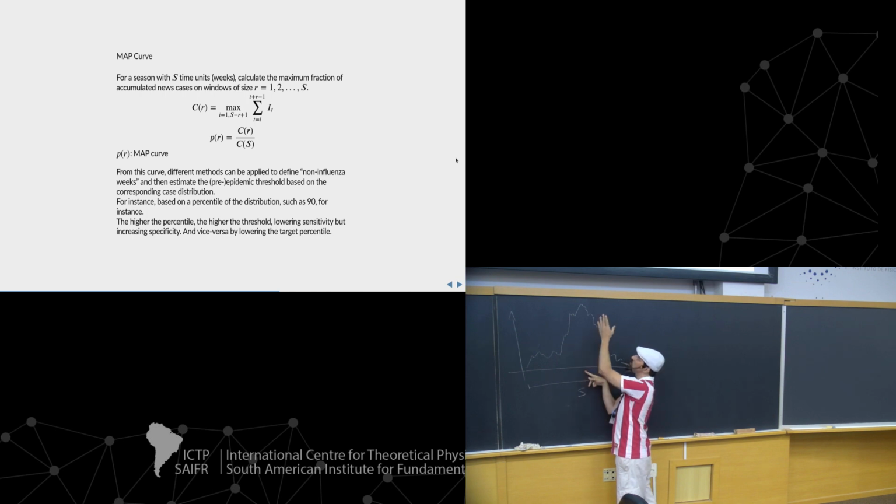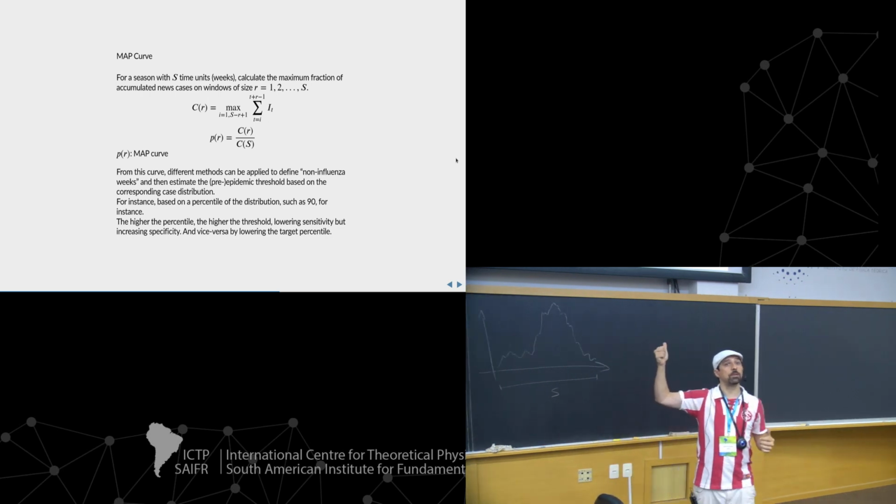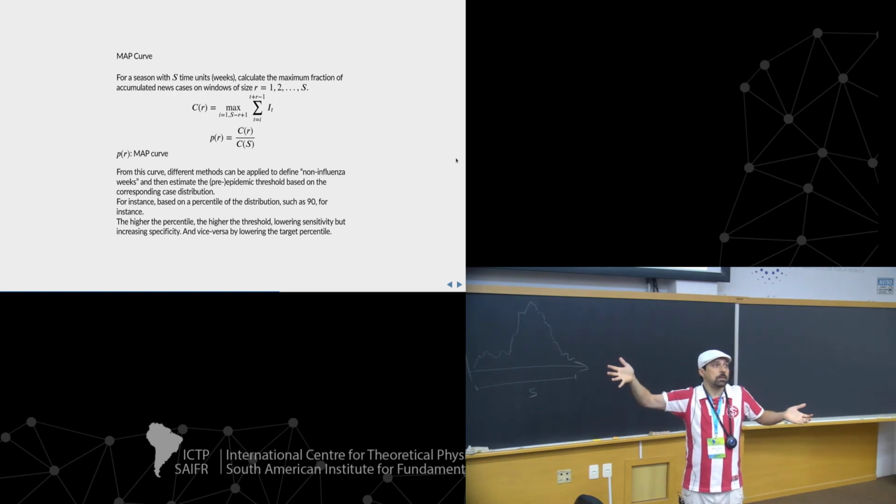So in terms of the actual value of the map curve at R equals 1, it varies. It's hard to assess. But when it happens should be quite clear, based on the idea behind this curve, right? Because where is the maximum value? At the peak, right?